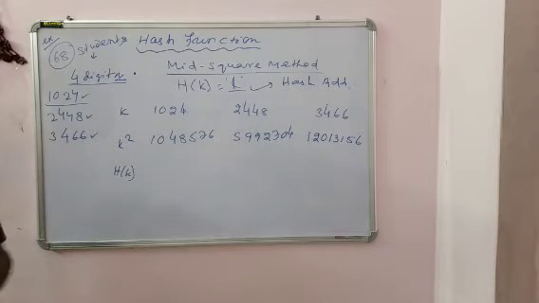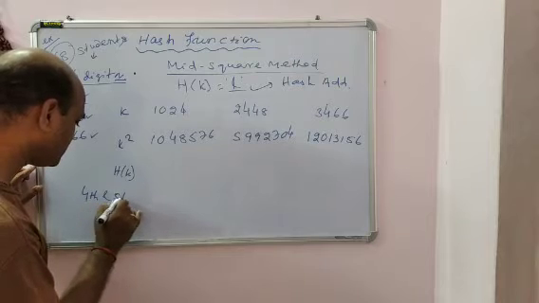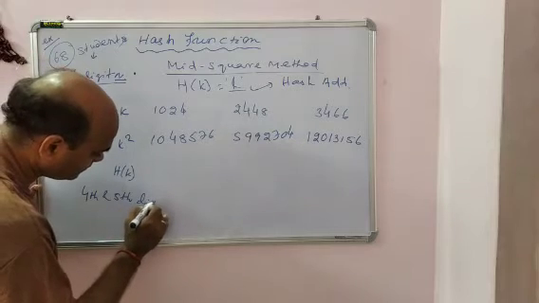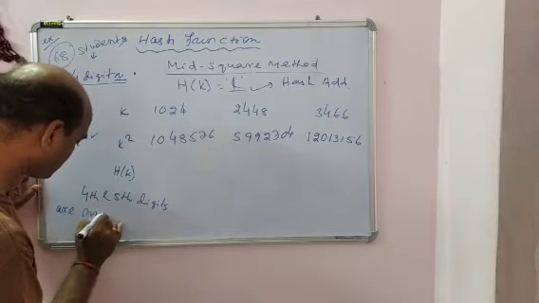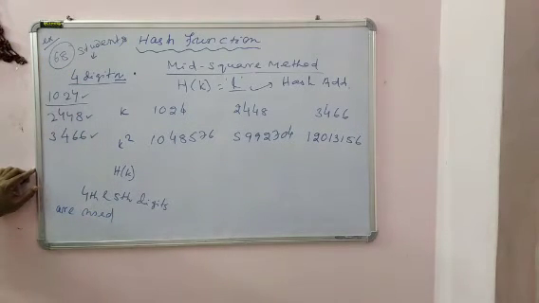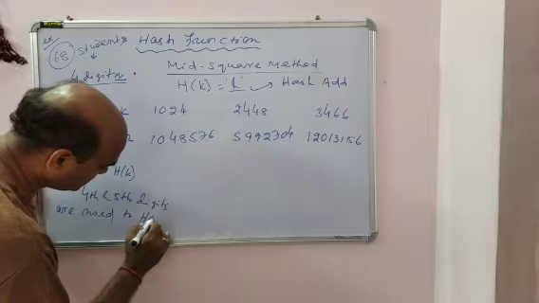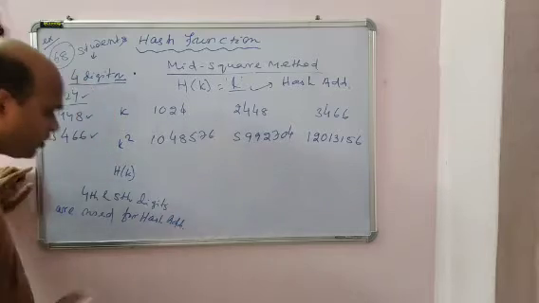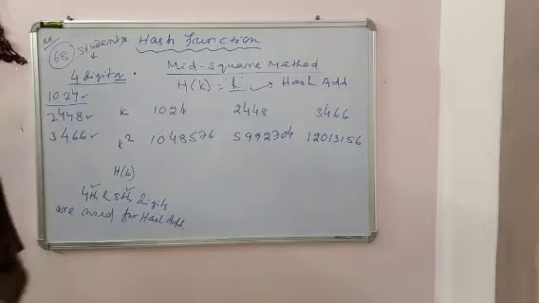Here the fourth and fifth digits are used to retrieve the hash address. So for the hash address, we consider the fourth and fifth digits from the right side.